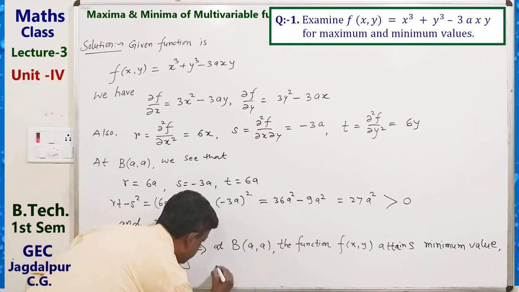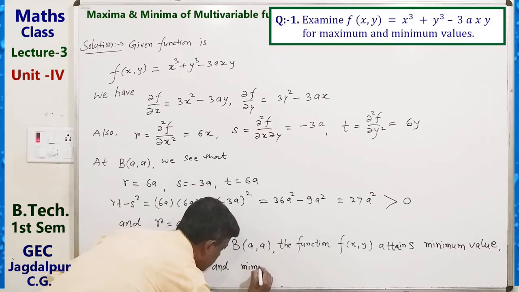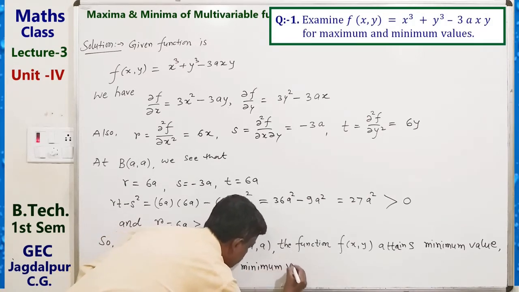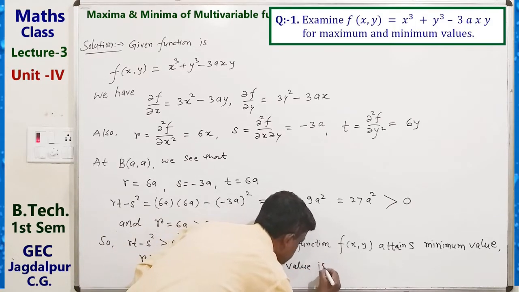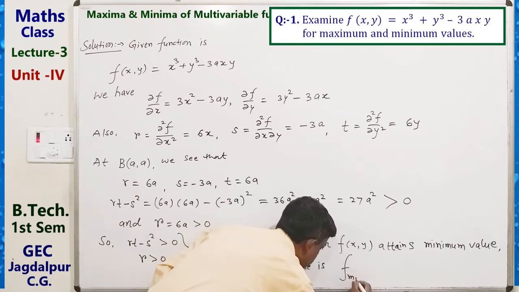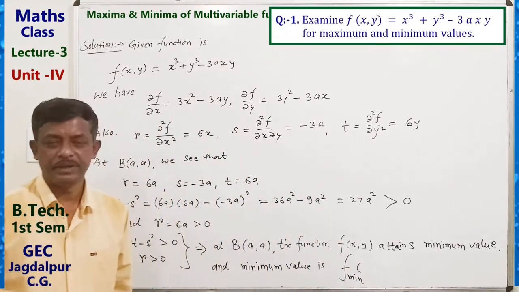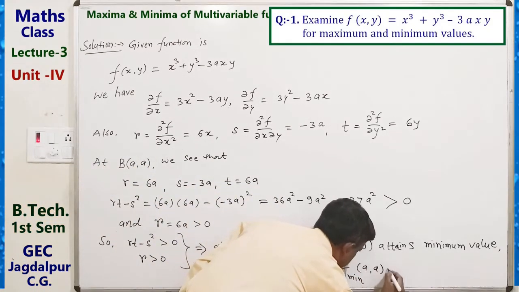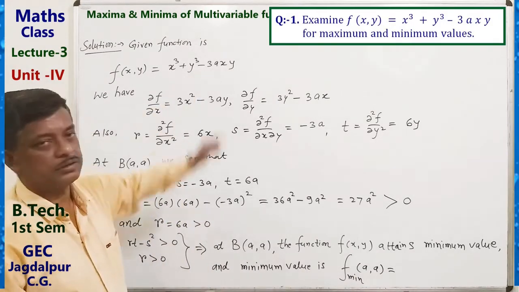The minimum value is f minimum at (a, a). How can you find it? Just put the value (a, a) in this.